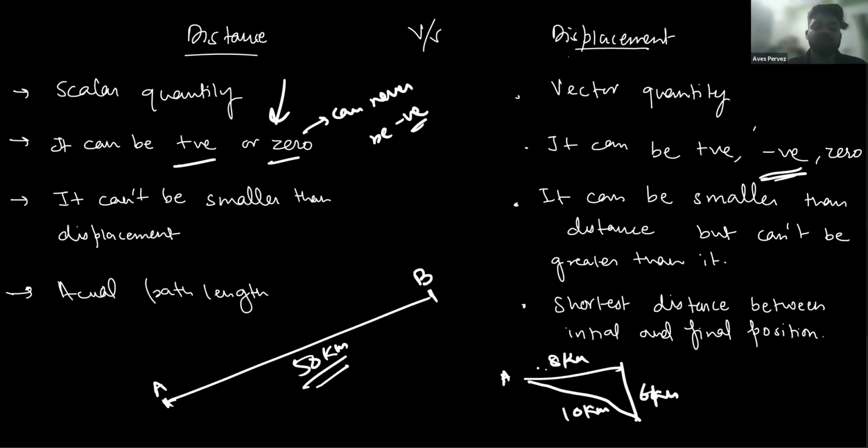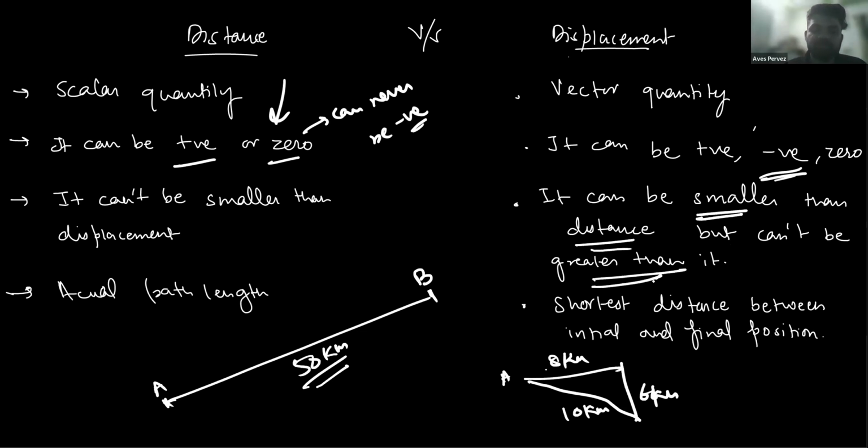So the distance is 14 kilometer, but the displacement is only 10 kilometer. Displacement can never be greater than distance. Distance will always be greater, or it can be equal.